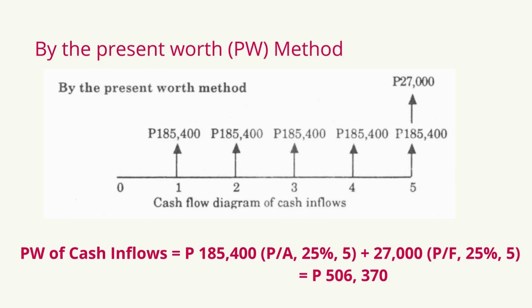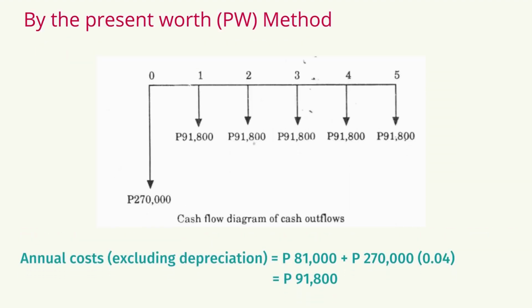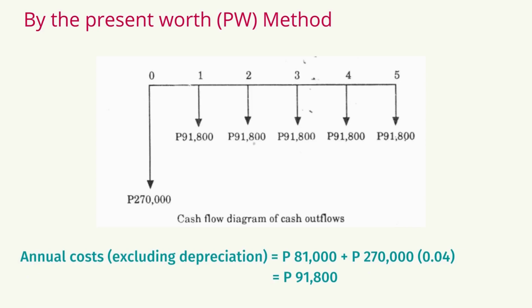So the present worth of cash inflows is equal to 185,400 multiplied by P given A at 25% for 5 years, plus 27,000 multiplied by P given F at 25% for 5 years. That is equal to 506,370.